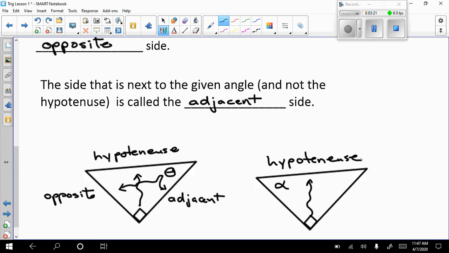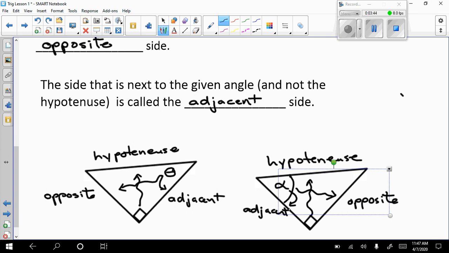However, now, according to this angle right here, this side is opposite it. So I would label it opposite. And this side right here is adjacent.